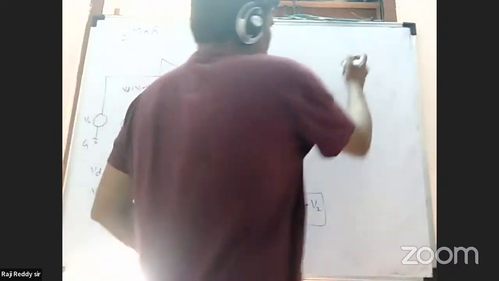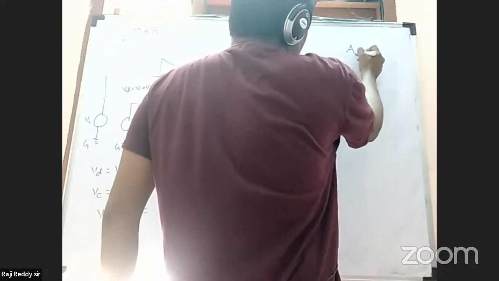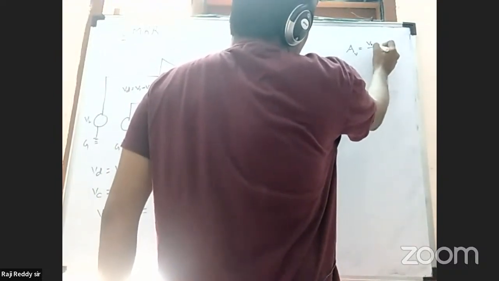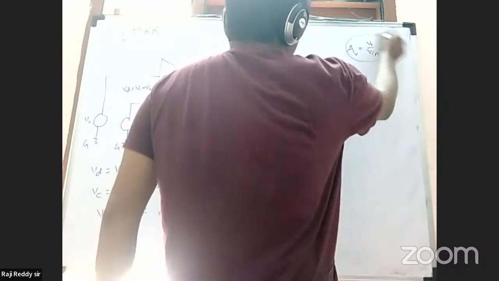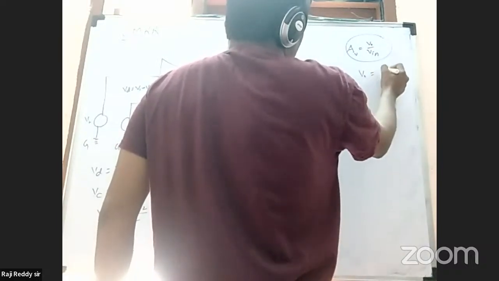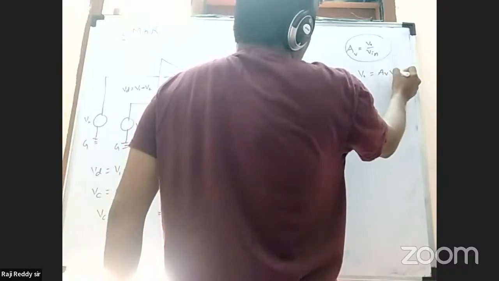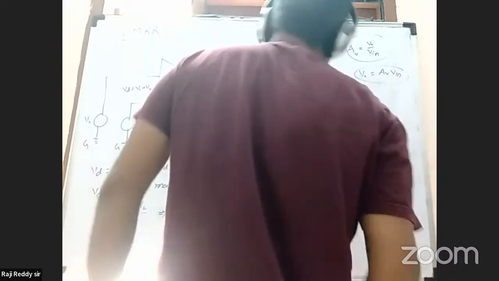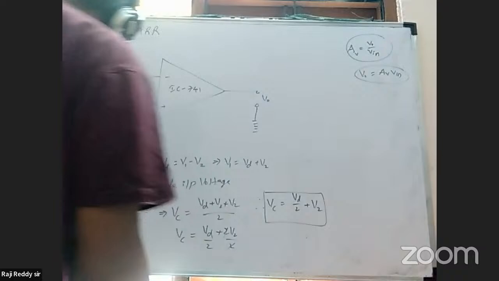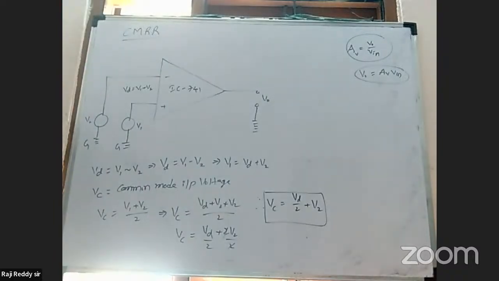Before that, let us go through it. Voltage gain is equal to V naught by V in. From that, V naught is equal to AV into V in. We can remember that point. From that point only we can calculate the equation values.